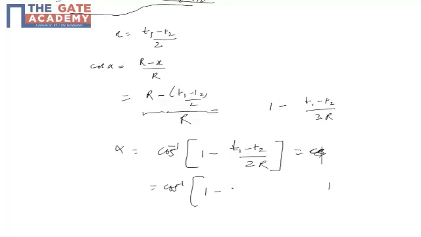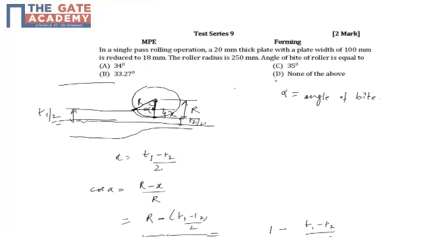It's a 20 mm thick plate reduced to 18 mm, so the difference is 2 mm, and the roller radius is 250. So 2 by 500, cos inverse of that. So this value, if you calculate, comes out to be 5.13. So 5.13 is the answer, which is again none of the above.